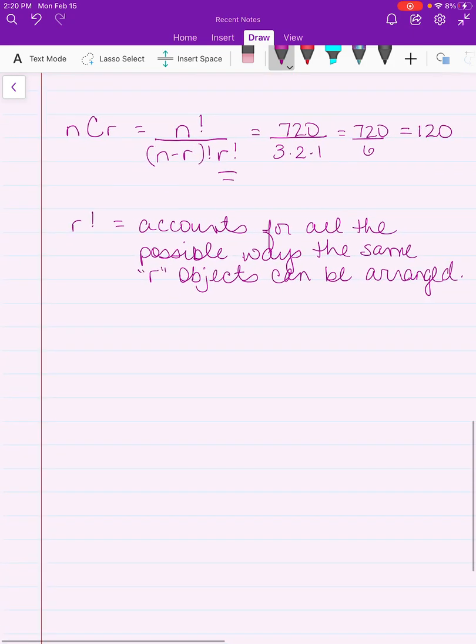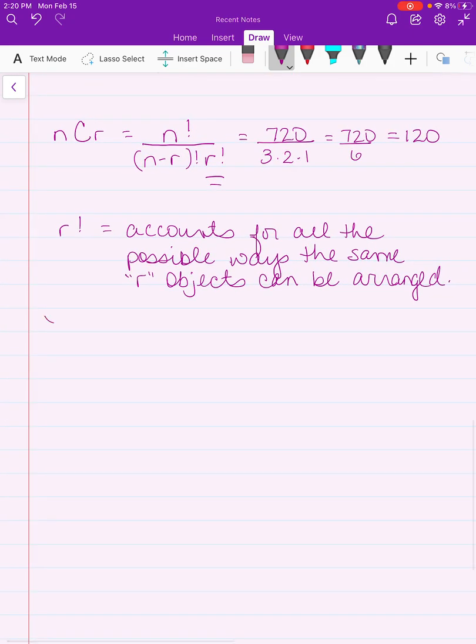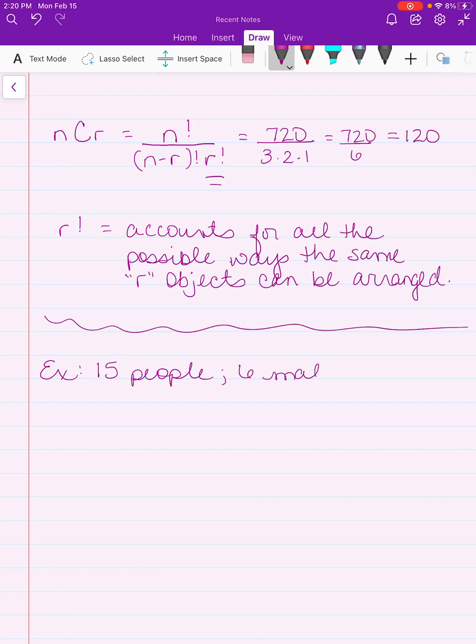Now, there are going to be a couple of other special types of problems. For example, let's say we have 15 people, and of those 15, 6 are male and 9 are female.